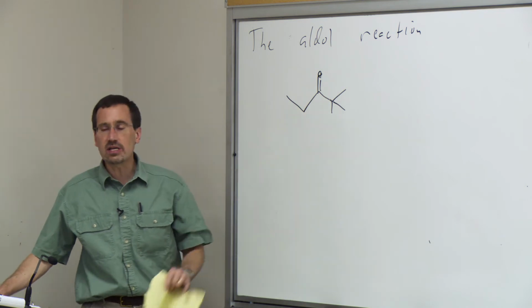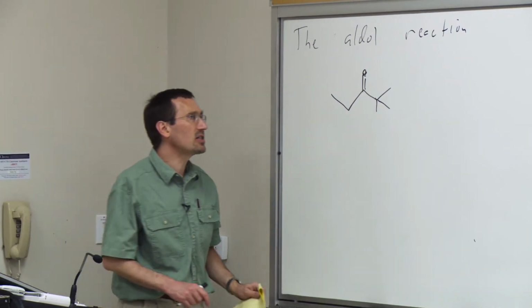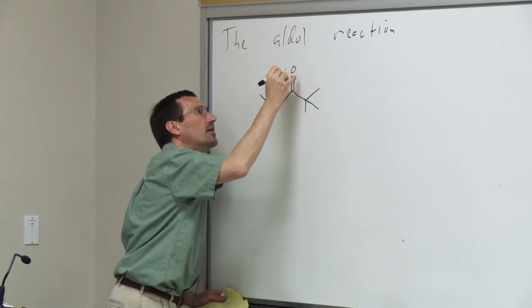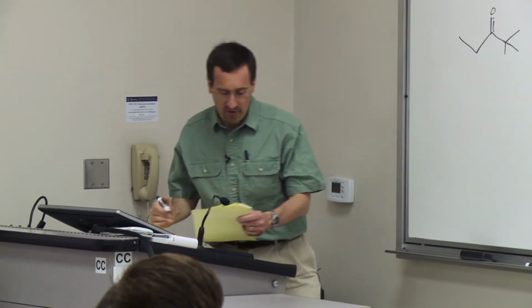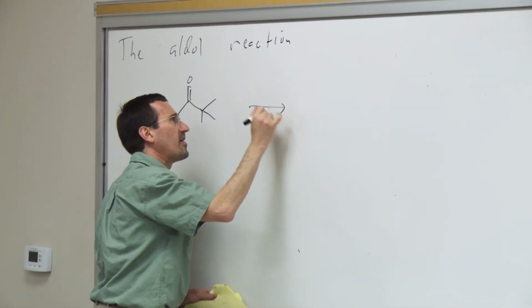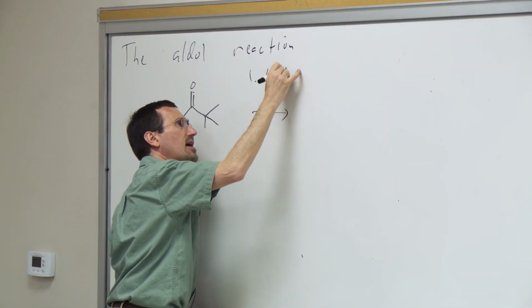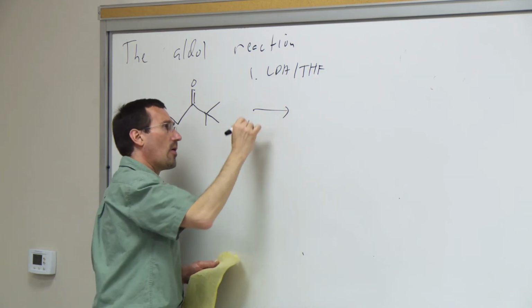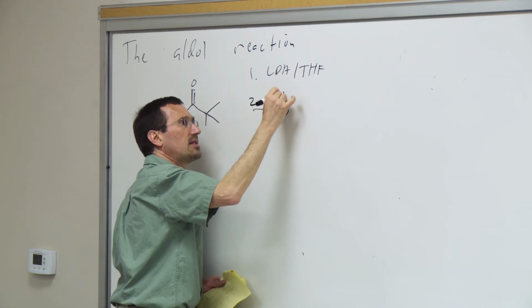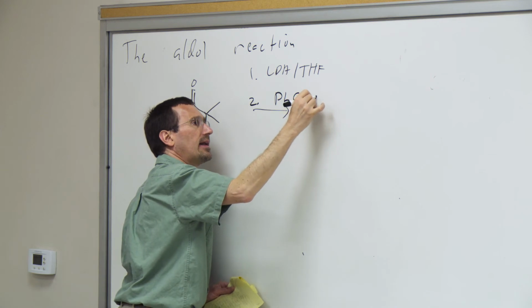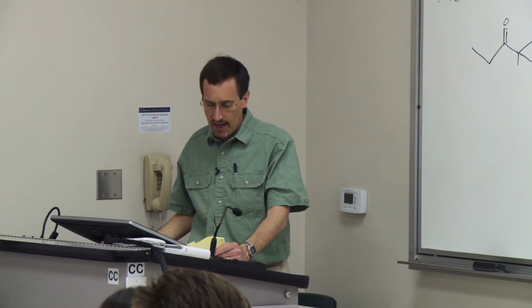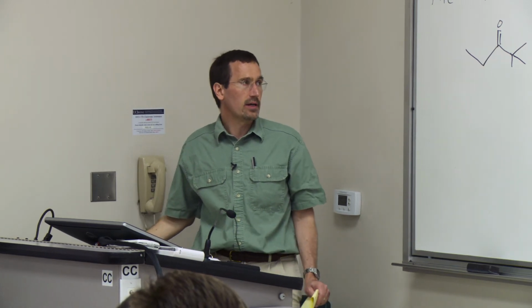All right, so I will just take some ketone. I'll take tert-butyl ethyl ketone. That's a carbonyl, really ugly here. All right, and again, I will, for starters, take my favorite base, LDA, in THF, and then I will go ahead and, to put the pieces together, add an aldehyde. I'm choosing benzaldehyde as an example here, right?